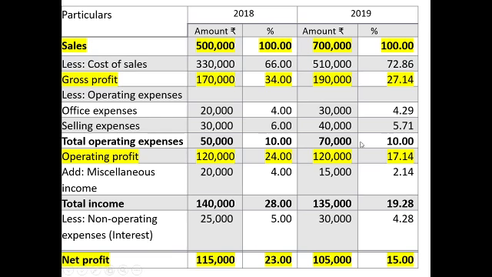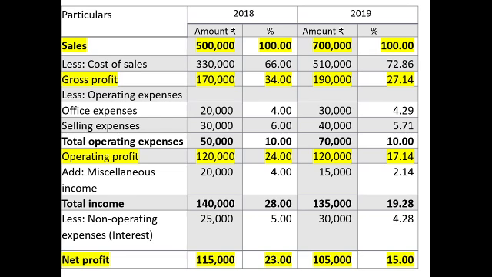Now same calculation, if you follow here, so you will get the percentage for 2019. So 72% you got, 5,10,000 divided by 7 lakh into 100. So ultimately you will get the result.